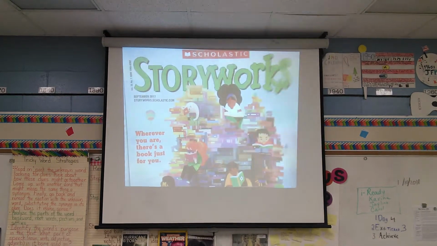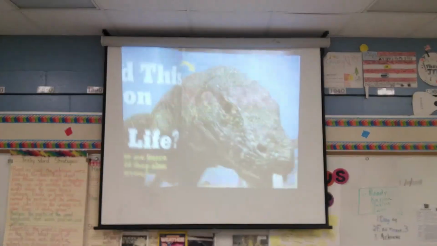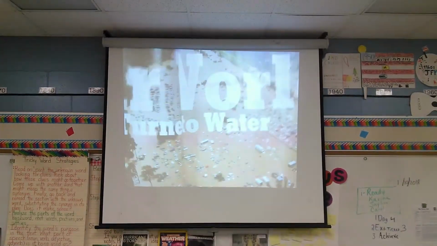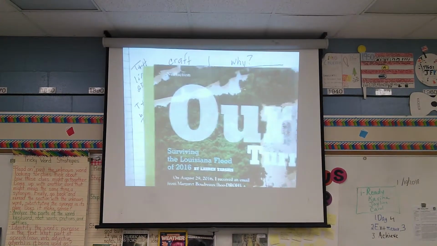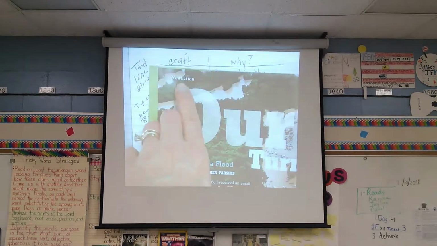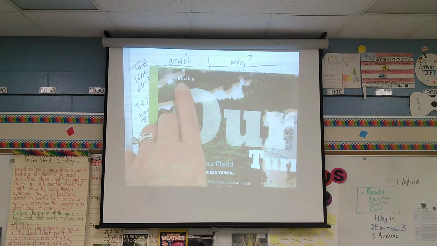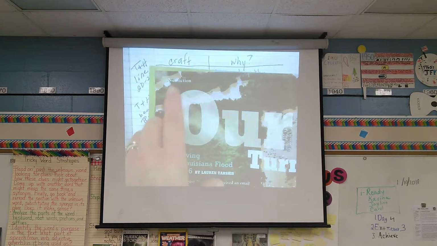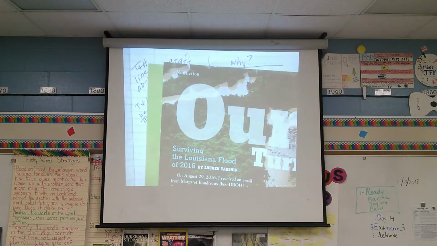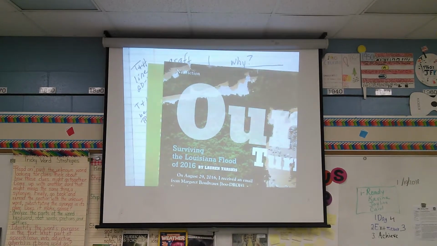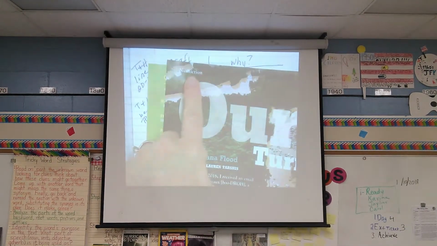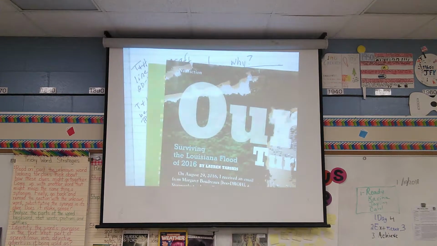And what you're going to be looking for is the nonfiction article. So you're going to go through and look for the article in the Storyworks that has the word nonfiction up in the corner. Each of these issues has one nonfiction article that's identified nonfiction in the corner.